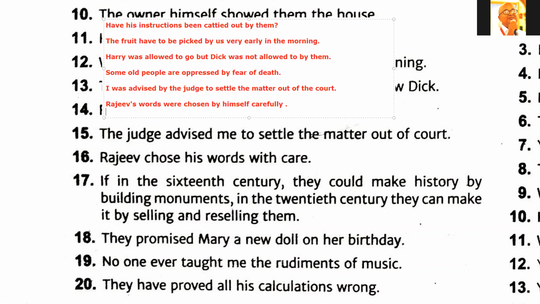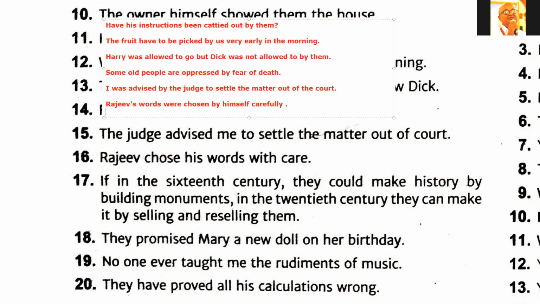So that might have made one confused. What is the meaning? If in the 16th century, अगर 16th century में मतलब between 1500 to 1600, they could make history by building monuments.